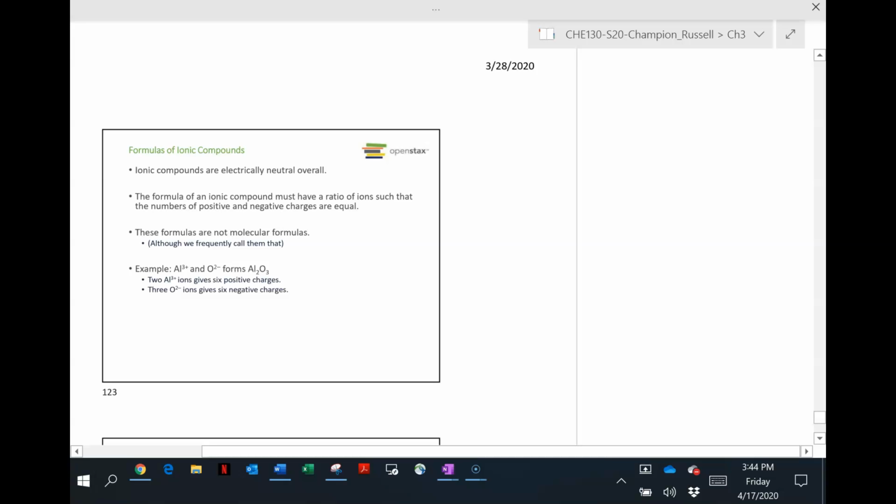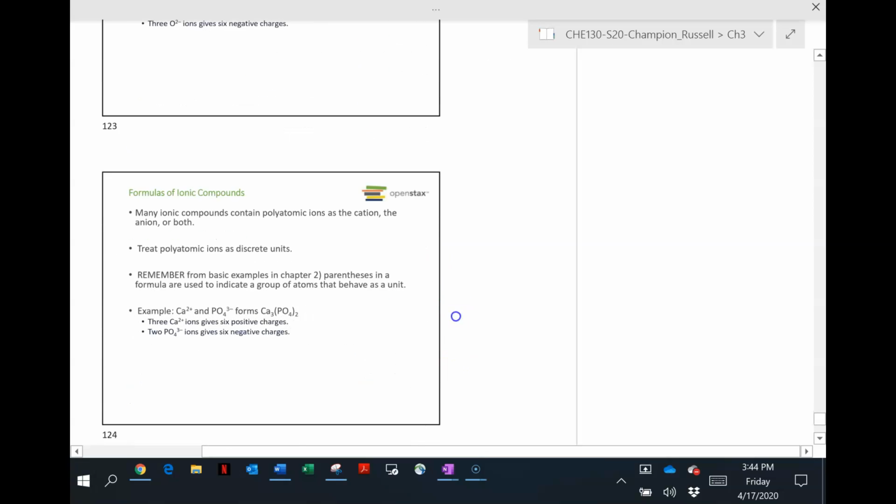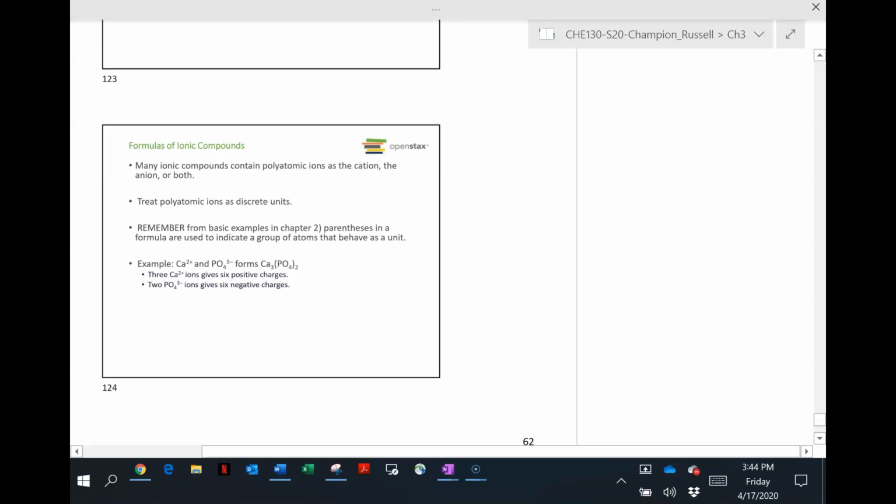So we talked about electrical neutrality and stuff. This is another example of what we talked about a few slides ago. When you are putting polyatomic ions in there, you do need to remember to keep them together. You see how we use the parentheses here and this number outside of it to reference the charge there. So this is calcium phosphate, and the way I would read that is Ca3(PO4)2, meaning that we take that whole PO4 group twice. That would be how I would say that formula.